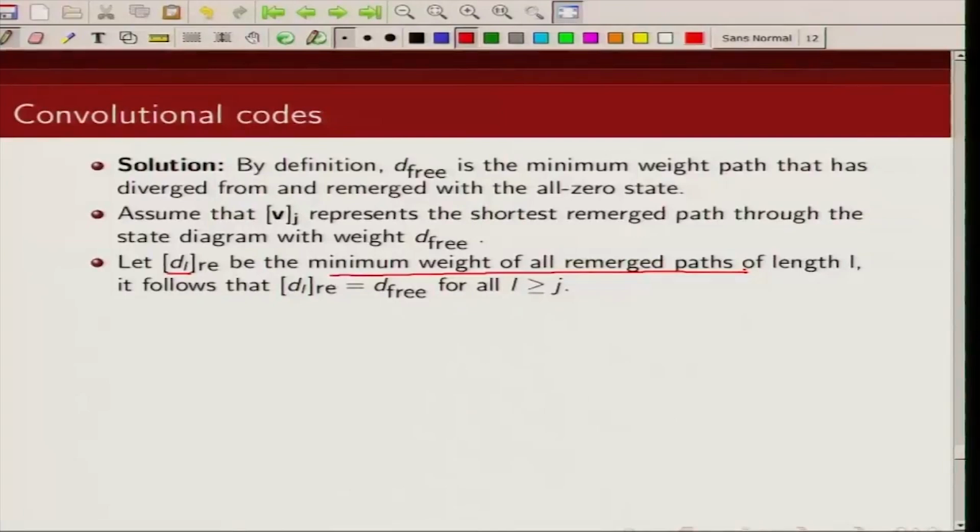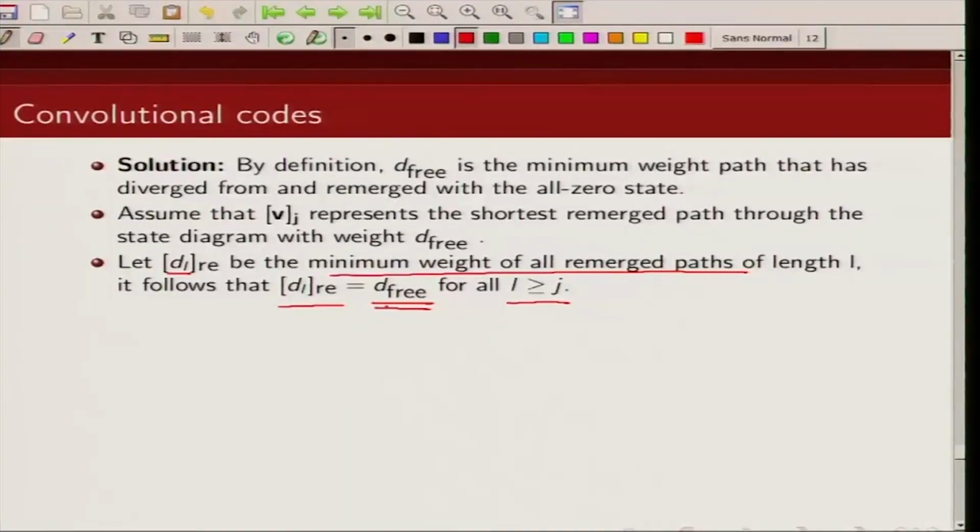Now, what we are saying is that for t equal to j, that is the smallest re-merged path which has weight equal to d free. So, for any time greater than this j, the column distance function will be equal to the free distance.